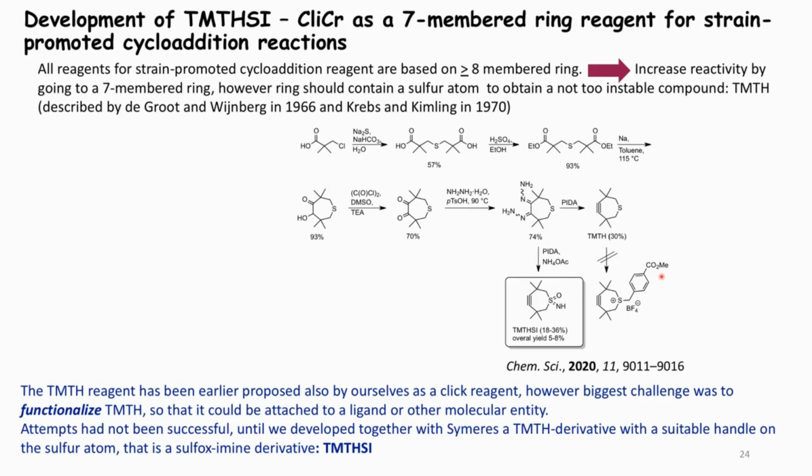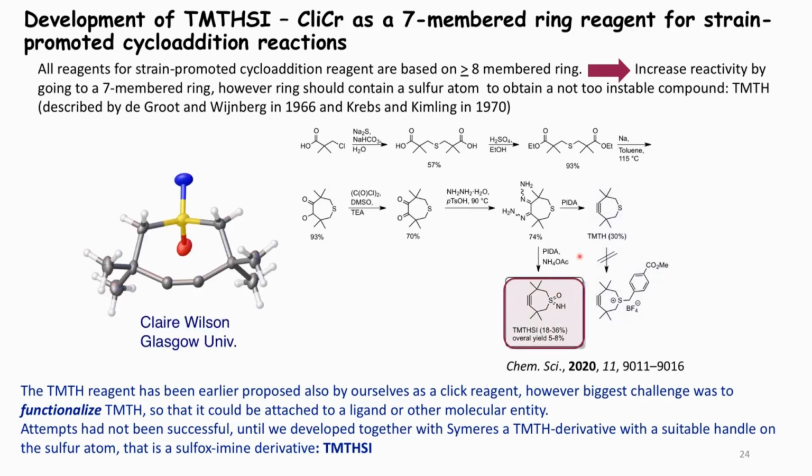So functionalization is crucial. But then the genius of this collaboration came in with Symeres and Mercachem. They could develop a derivative containing a potential handle on this TMTH. And this molecule was therefore called TMTH-SI, as in sulfoximine, because the sulfoximine is the handle.